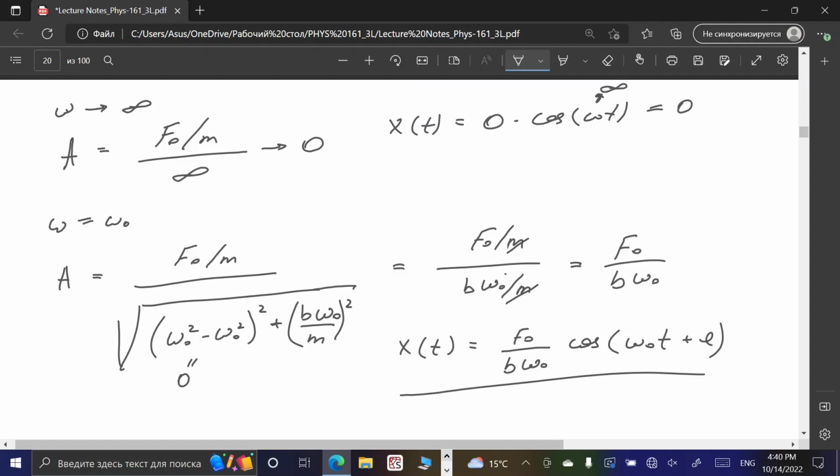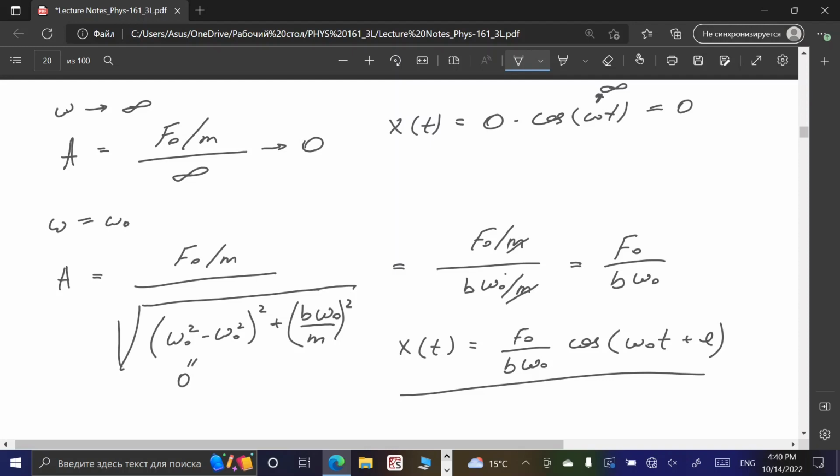So it will obviously oscillate with the natural frequency because these two frequencies coincide, and you will reach the maximum value for amplitude. So now let us try to summarize our discussion.